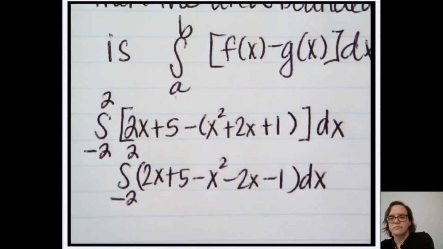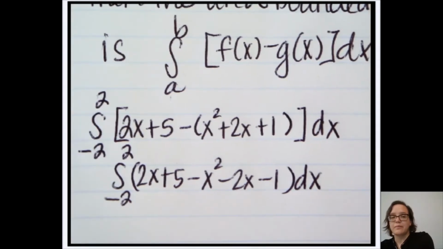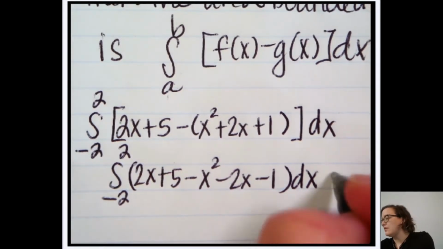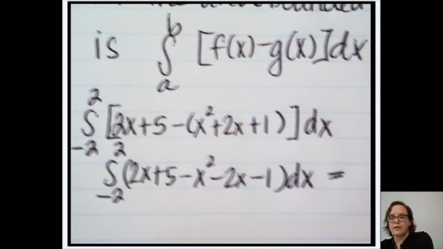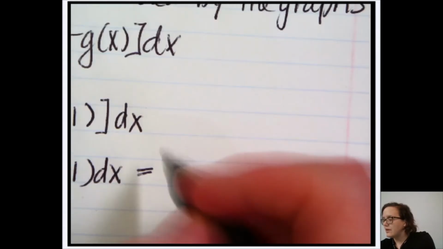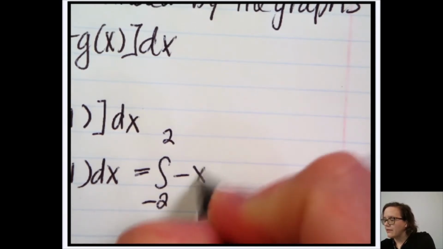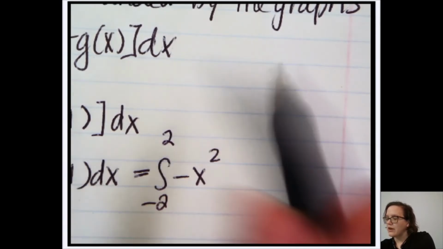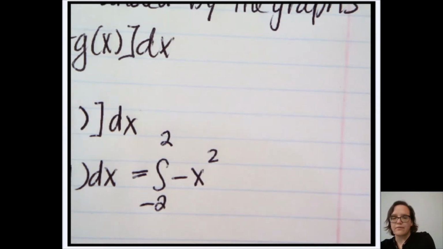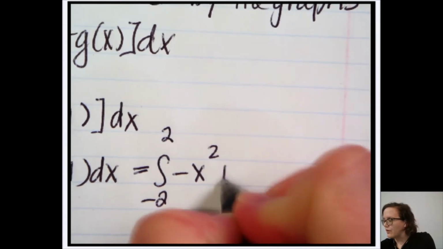The setup's the new part. Everything else is just doing like we have in the past. So here we get from -2 to 2, negative x squared. Your x's go away, and 5 minus 1 is 4.